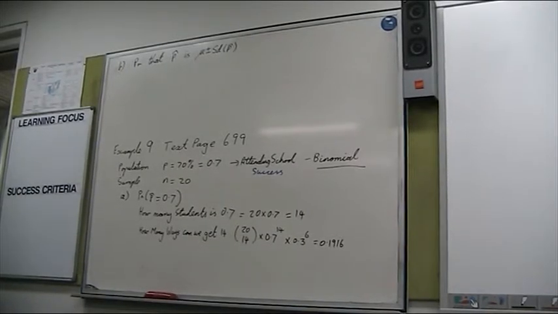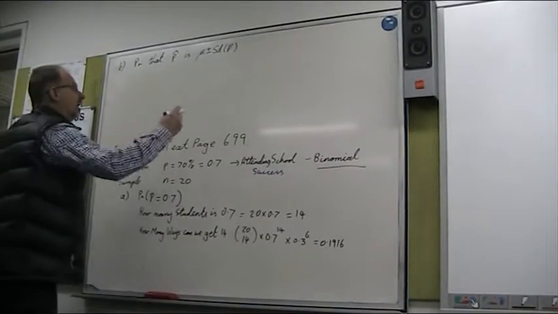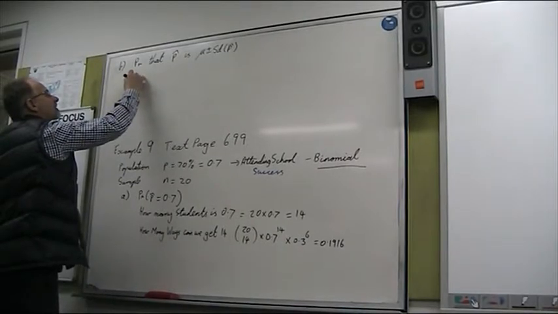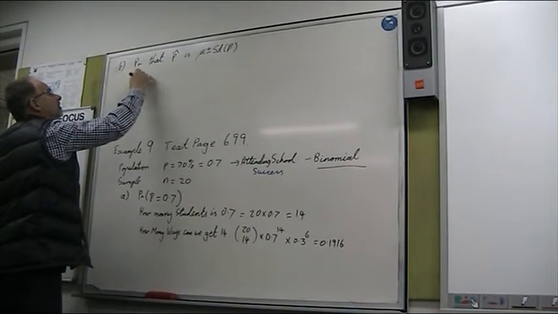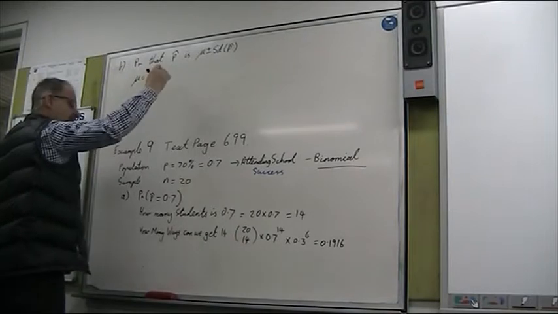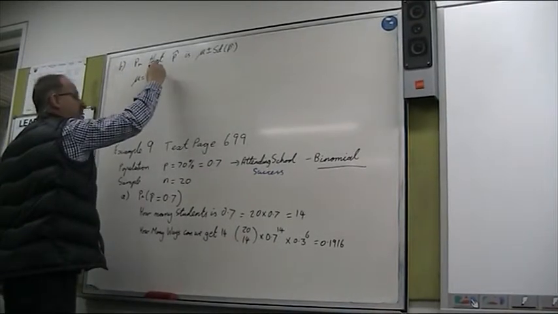All right, so let's have a look. The mean, which is the population proportion, as before is 0.7.